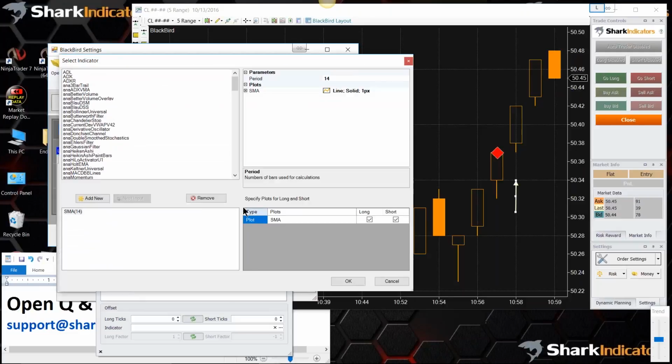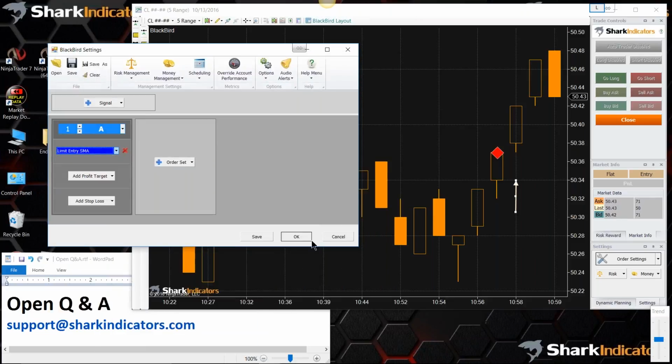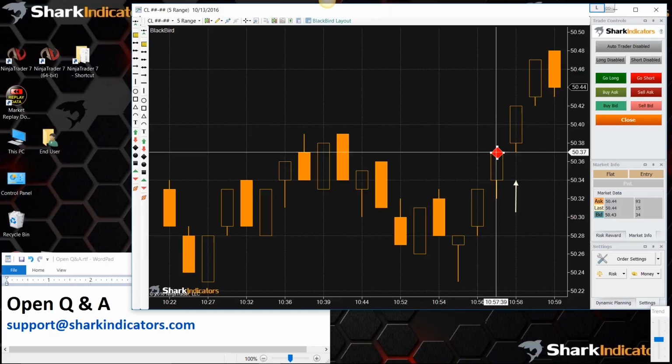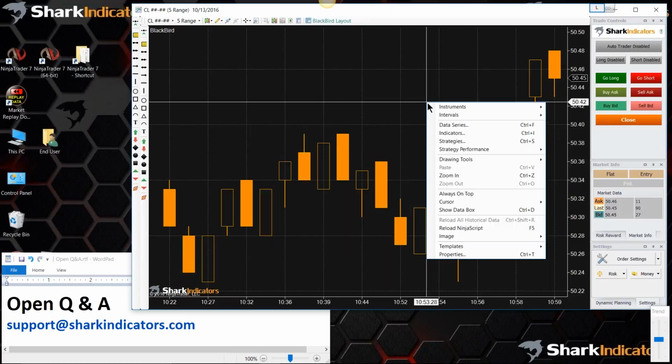Yeah, let's play around with that. Maybe if we do something like a 7 period SMA, see how that works out. So let's get an SMA on the chart here.